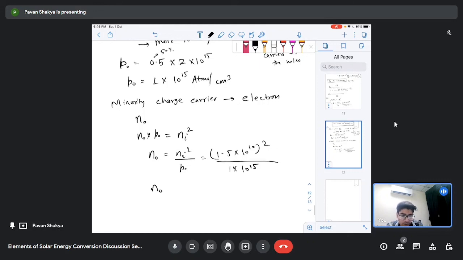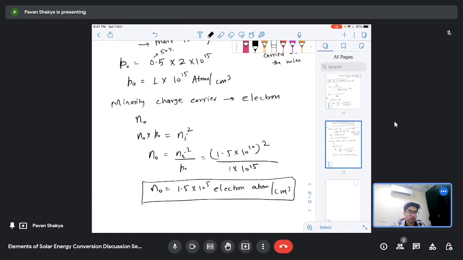So this N0 will come out as 1.5 into 10 to the power 5 electrons per centimeter cube. So this has been asked in the problem.